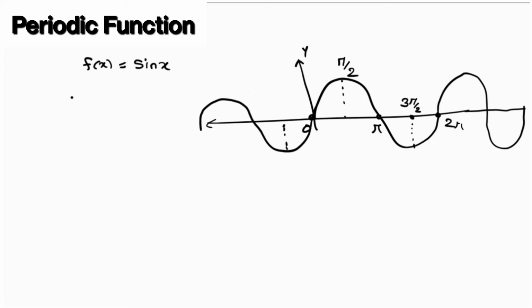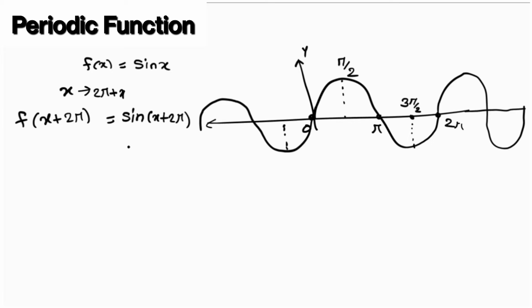So here f of x equals sine x, and suppose we take the addition of x plus 2 pi, so x is replaced by x plus 2 pi. So here it is sine of x plus 2 pi, and we find the value of this term.